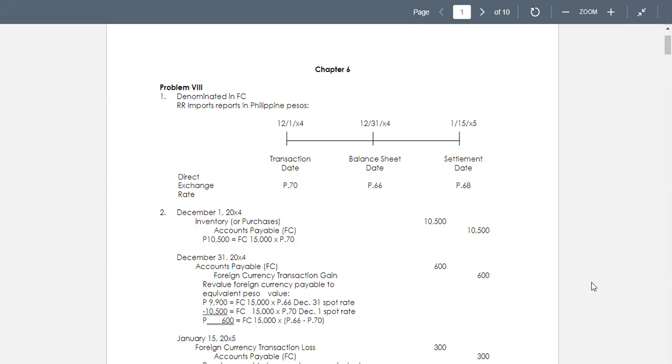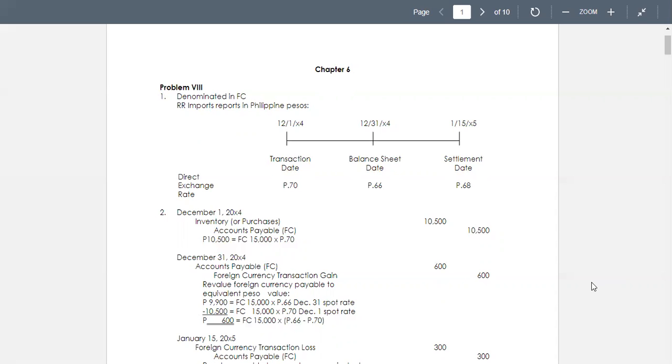Now let's start with problem 8 of chapter 6, foreign purchase transaction. On December 1, 2004, RP Imports, a Philippine company, purchased clocks from a foreign company for 15,000 foreign currency to be paid on January 15, 2005.